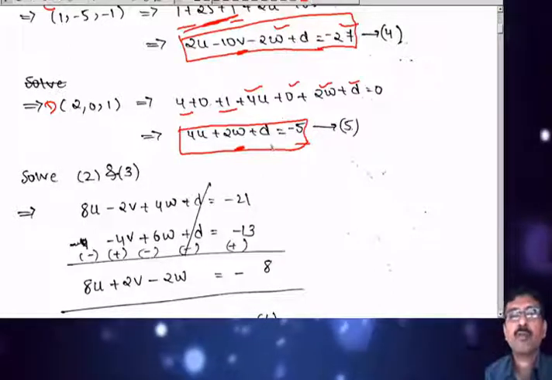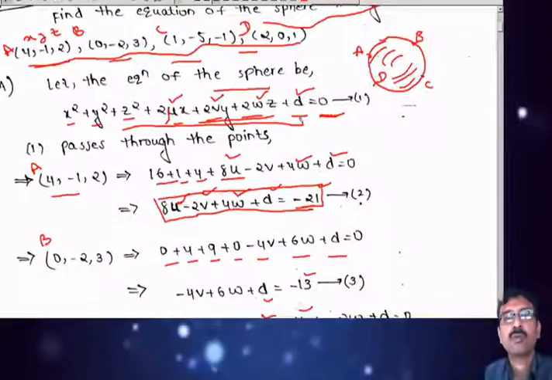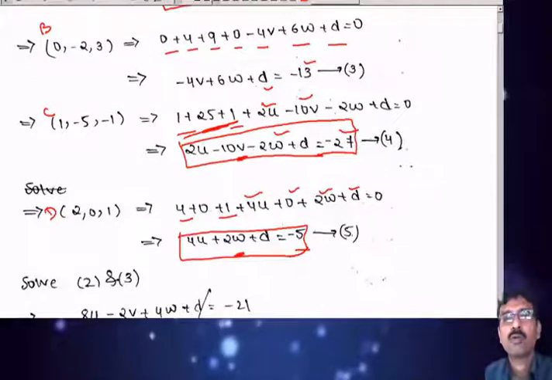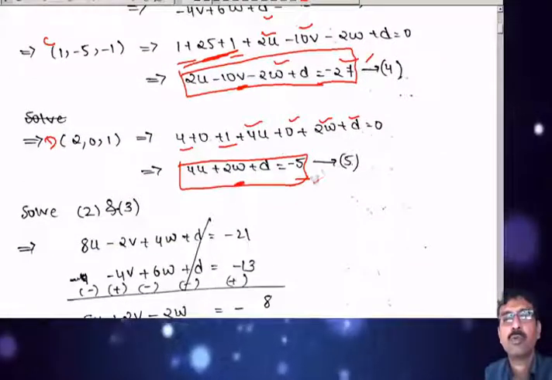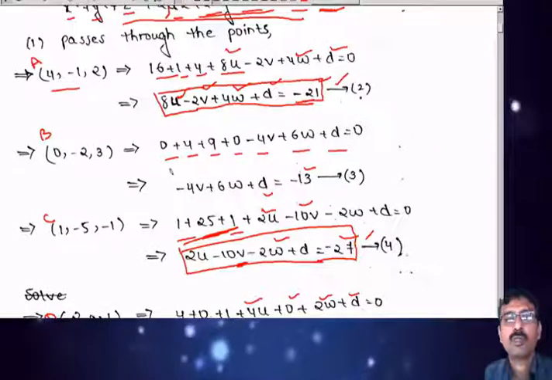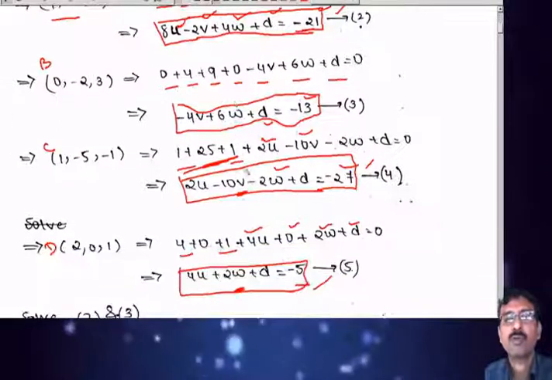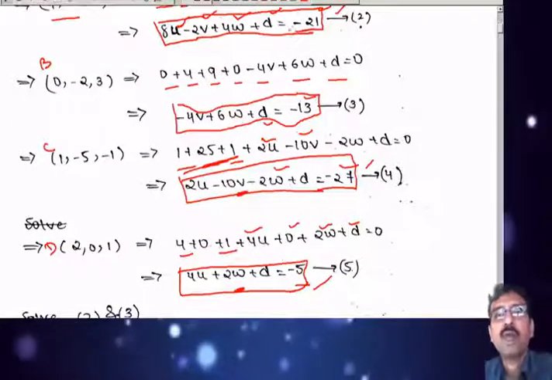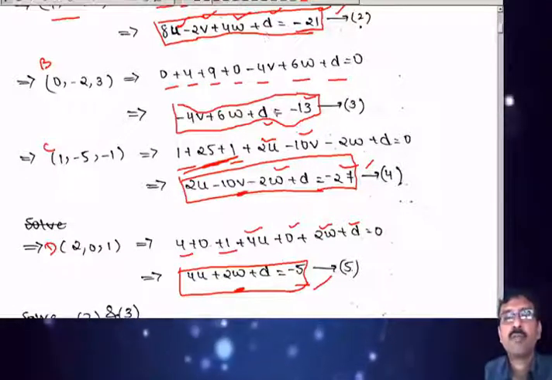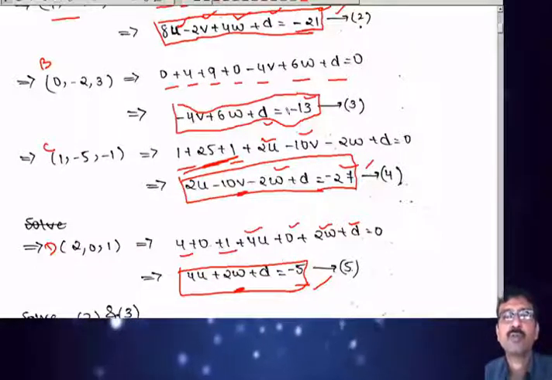So next, after preparing these 4 equations, this is 1, 2, 3, this is 4. 1, 2, 3, 4. And observe these 4 equations carefully. These are 4 equations, which have 4 variables, 4 unknowns.